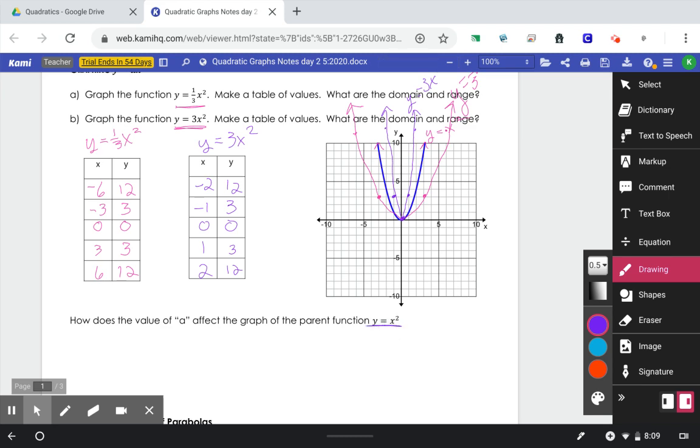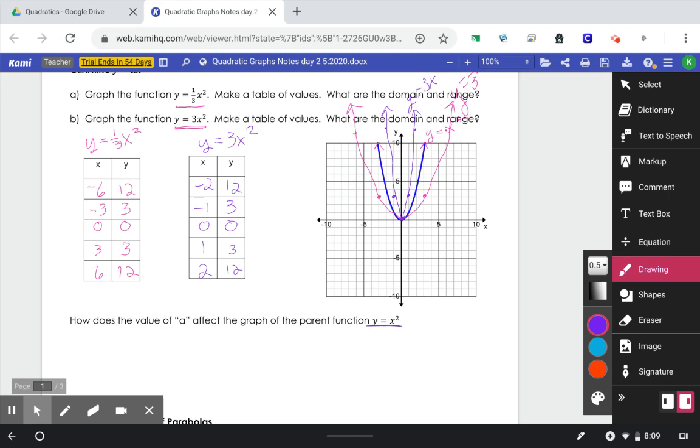What you should notice is that when we did our first graph, y equals 1/3 x squared, 1/3 made the graph get wider. It kind of flattened the original graph out, or it compressed it down towards the x-axis.